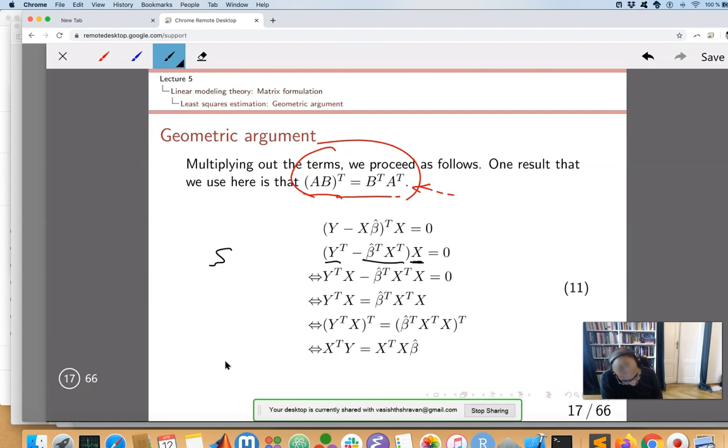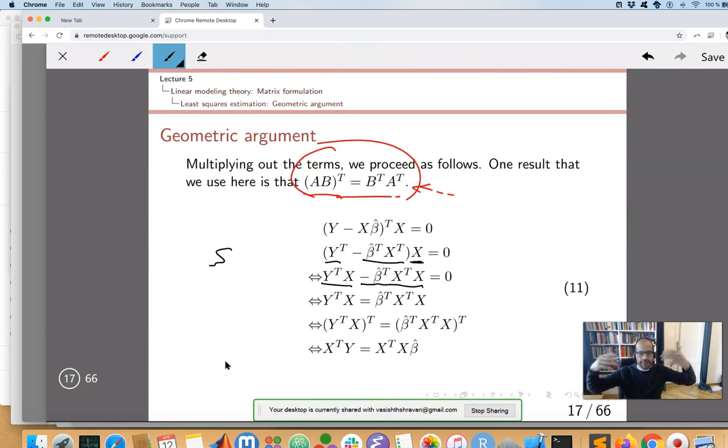terms here. Okay, so once I do that, I get y transpose x, and in the second term, I get beta hat transpose x transpose multiplied with x. Now because I have this term here, minus beta hat transpose x, I can add that term to both sides.